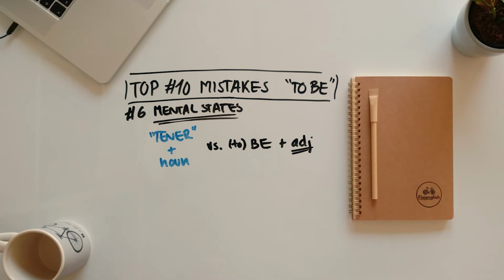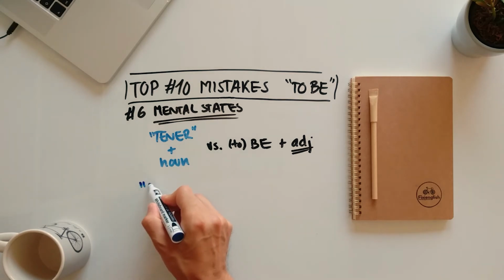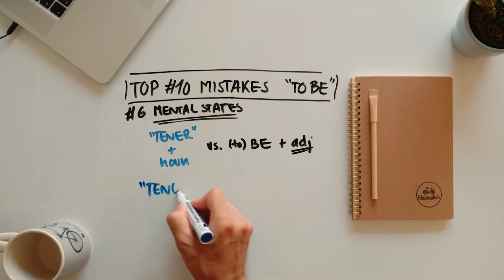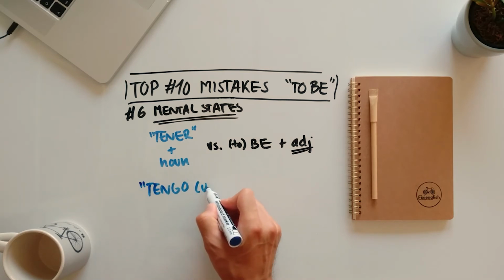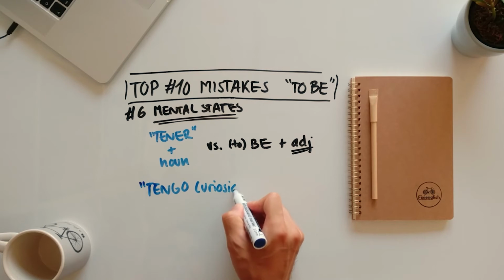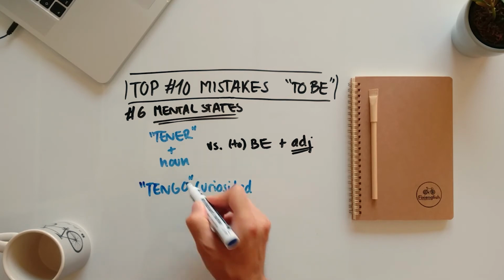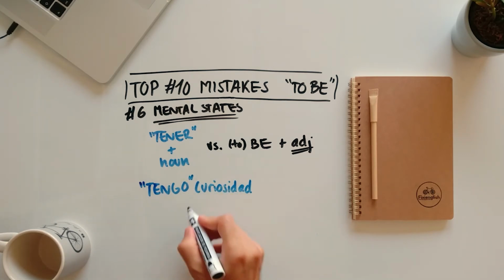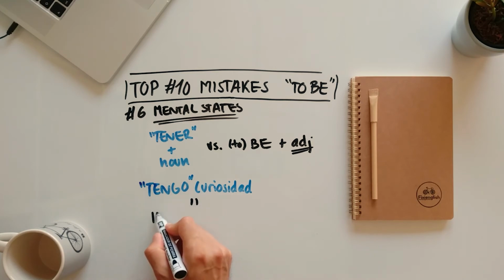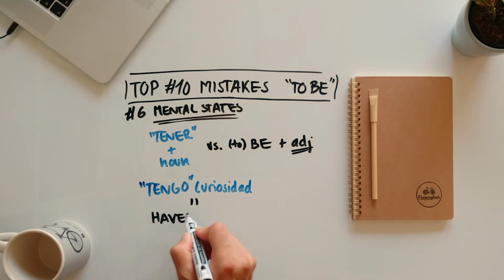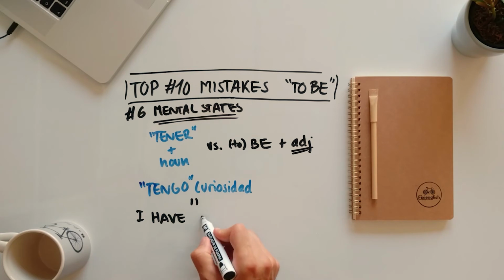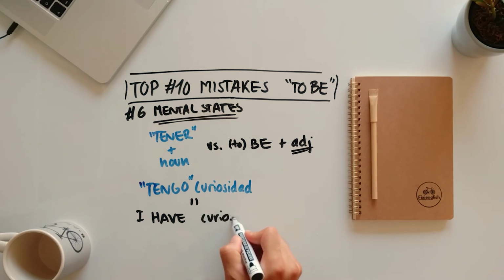What's the common mistake or the common problem when using or expressing mental states with the verb to be in English? Is that if we say, for example, in Spanish, tengo curiosidad, people generally would translate this as I have curiosity.